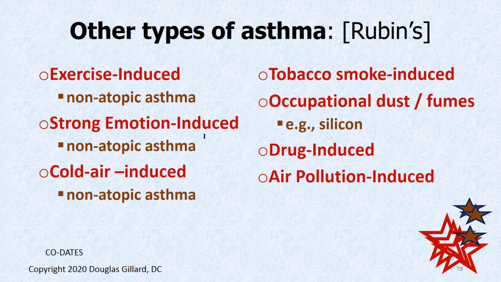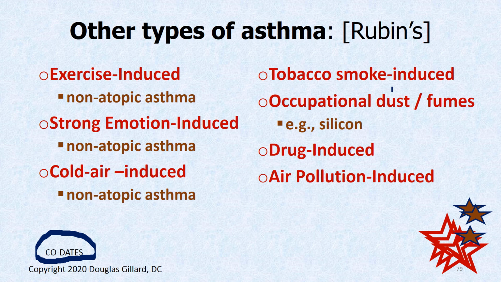Just found out you got fired, you can go into an asthma attack. That's also a non-atopic asthma. Cold air-induced asthma is also a non-atopic asthma. By the way, co-dates, like going on a date with somebody. Maybe you're going on a co-date with two people, I don't know. But co-dates actually fits this quite nicely.